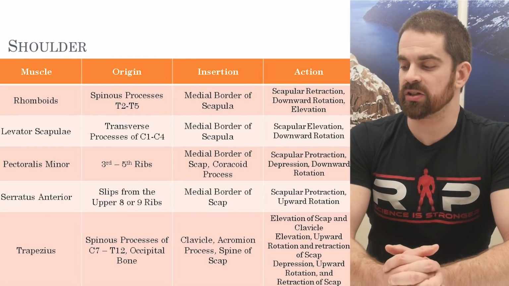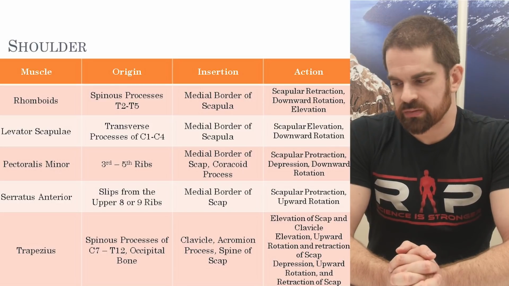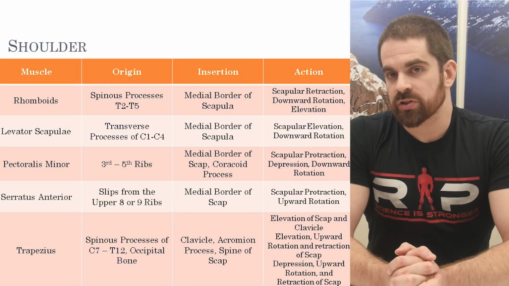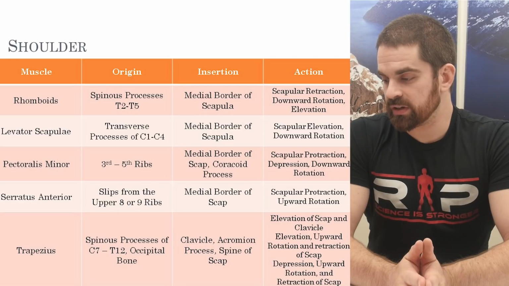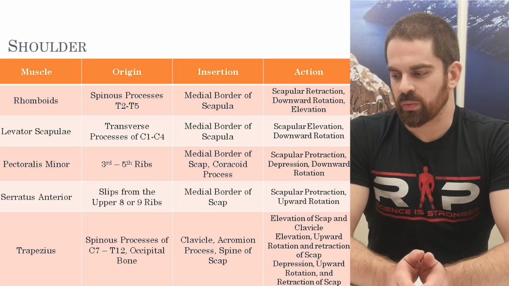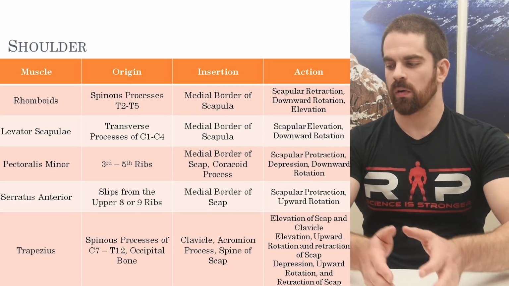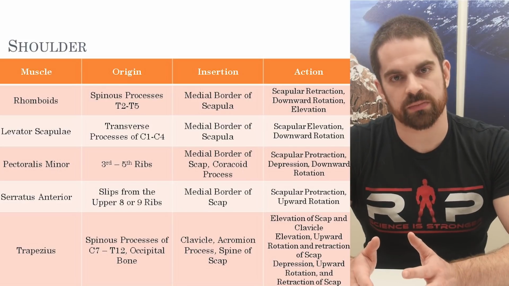Here we can see a huge list of muscles and some information on how they act on the shoulder girdle. We've got the rhomboids, levator scapulae, pec minor, serratus anterior, and trapezius. What we have on the slide is the origin and insertion for all of these muscle groups.